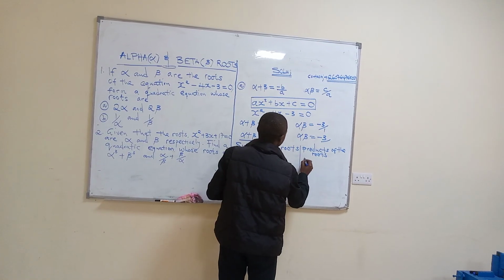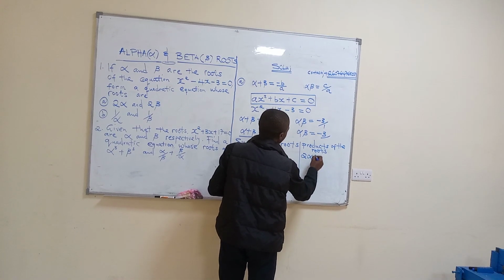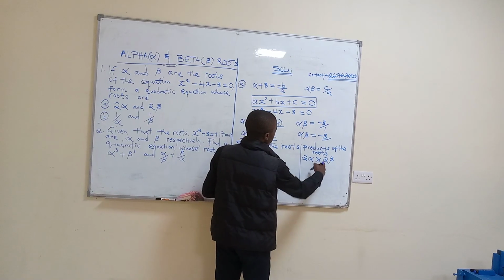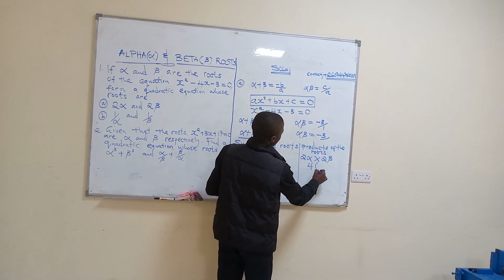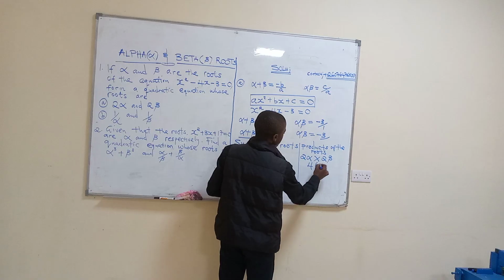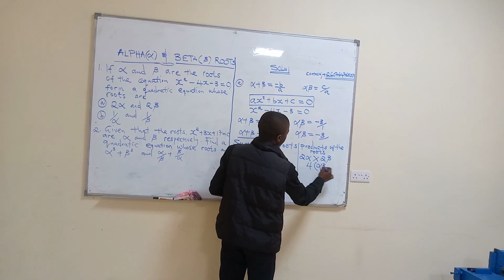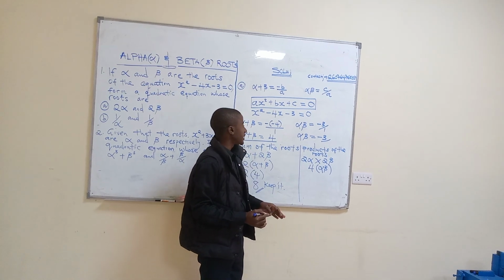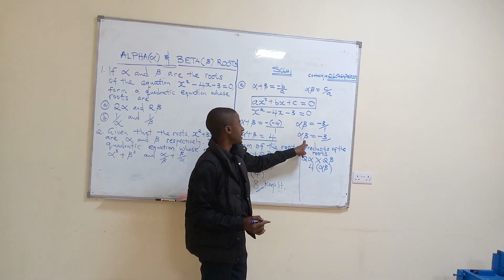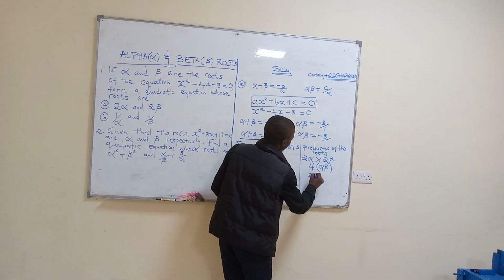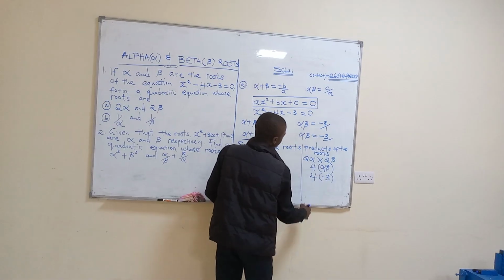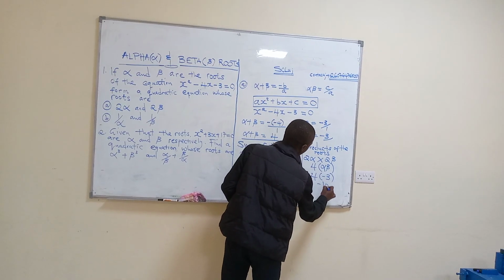So that is 2 alpha multiplied by 2 beta, which is 2 times 2, which is 4, multiplied by alpha times beta. You have already calculated your alpha beta. So that is 4 multiplied by negative 3, and 4 times negative 3 is negative 12.